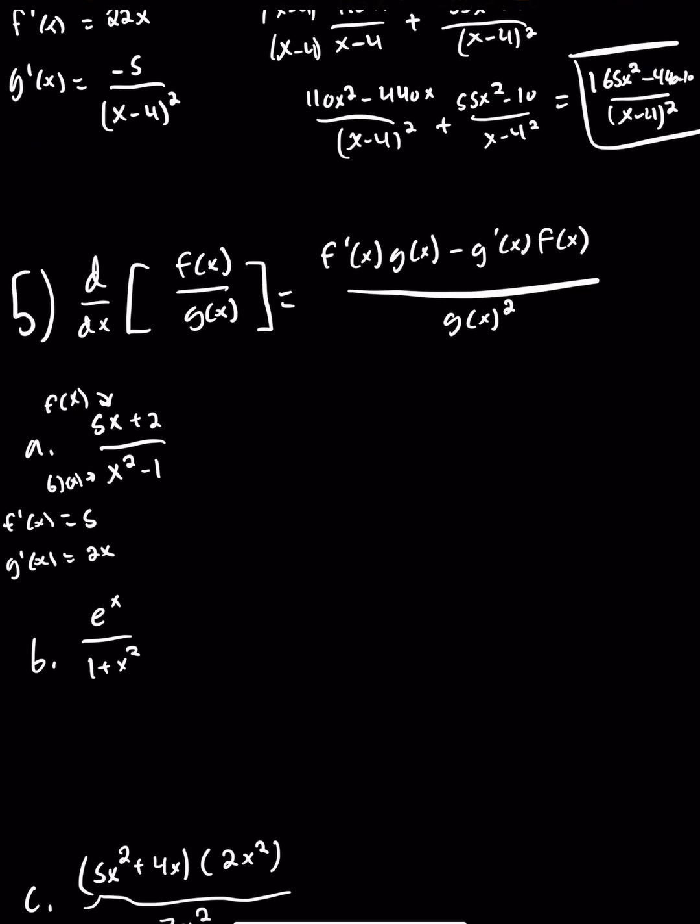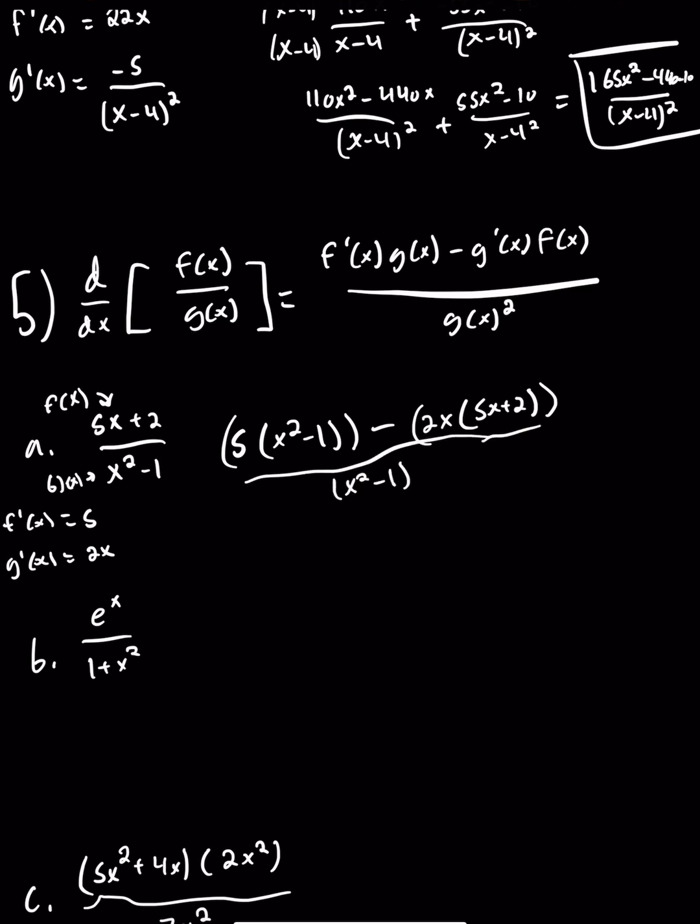Okay, so now we need to take f prime of x, 5, times g of x, x squared minus 1. Minus g prime of x, so we have 2x times the original f of x, all over x squared minus 1 squared. Okay, so let's get this out.